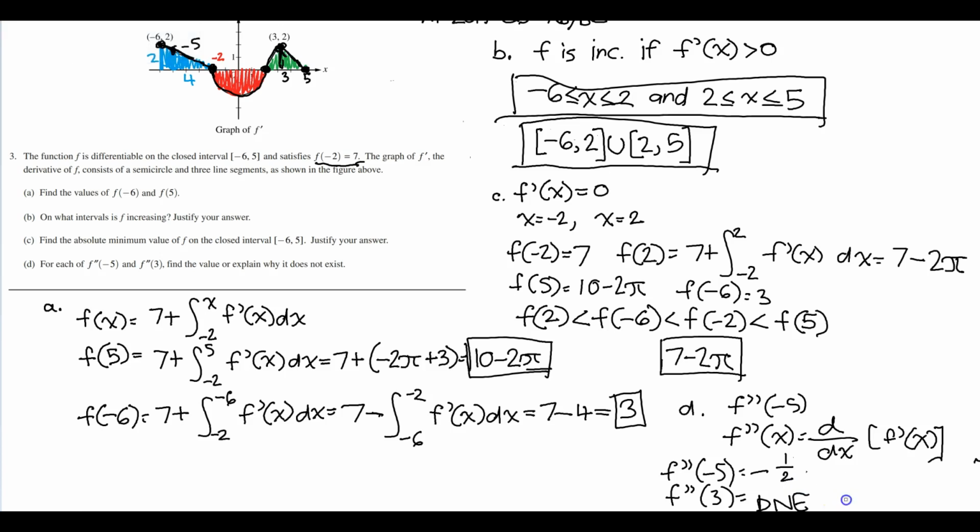So -1/2 and does not exist are our answers for part D. It hits a spike and just goes down in a sharp turn. There is no derivative at that point. The derivative does not exist.